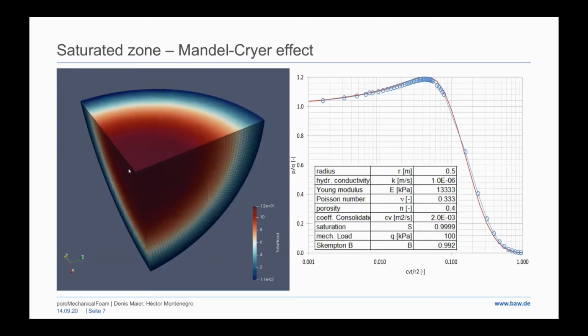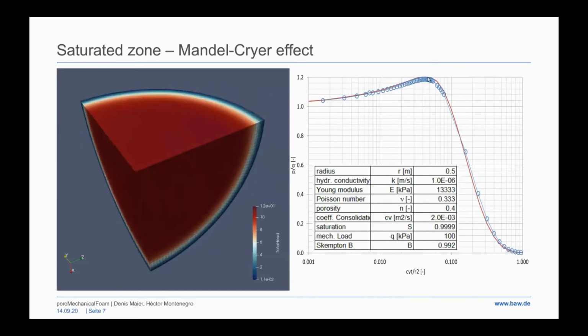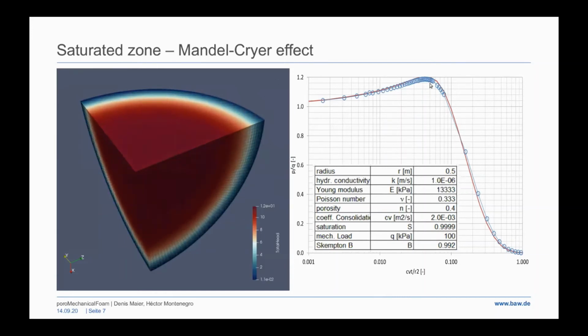And when you look at the pore pressures in the center of the ball, then you notice that with time it increases until it hits about 1.2 times the loading that was applied from the outside, which is a poromechanical effect, and only happens with a poromechanical material.